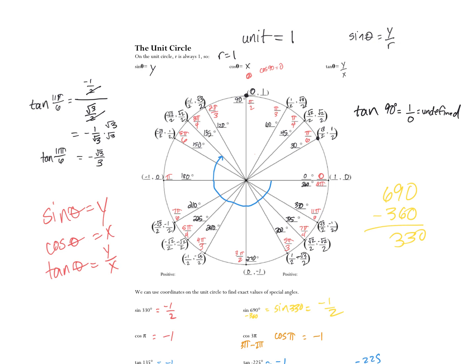If we multiply, we would have 0 times the tangent of 90 equals 1, and 0 times anything equals 0, which is the problem. Whereas the tangent of 180 is 0 over negative 1. This is totally allowed. You can have a 0 on the top. You can't have a 0 on the bottom.